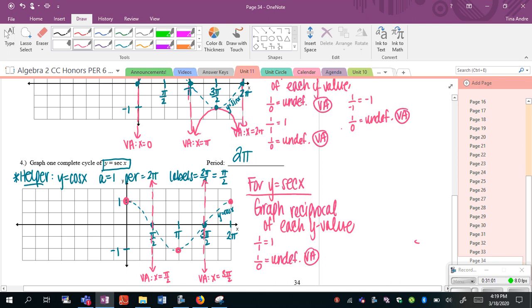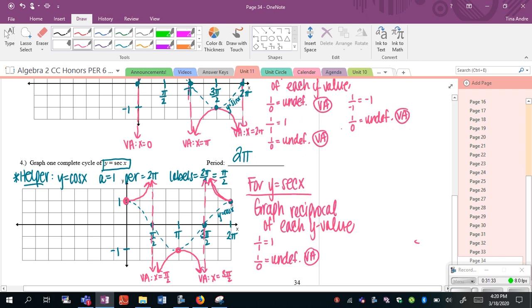So remember, we want our ends to approach those vertical asymptotes. We also know that this U shape here is going to get flipped. We're approaching the vertical asymptote. Same thing here. And that would be one full period of secant because that's a length of 2 pi. After this, the pattern would just repeat.